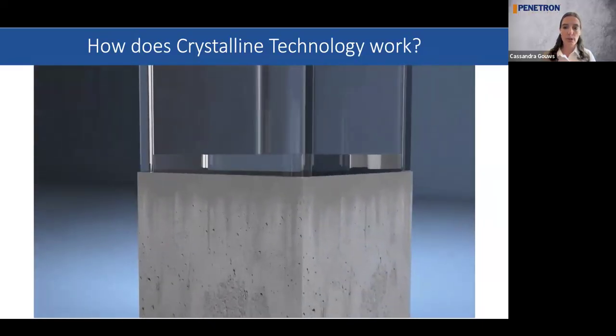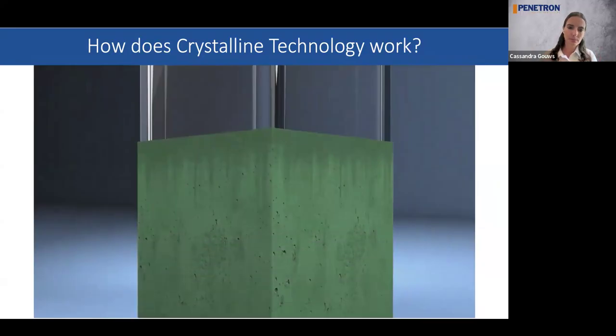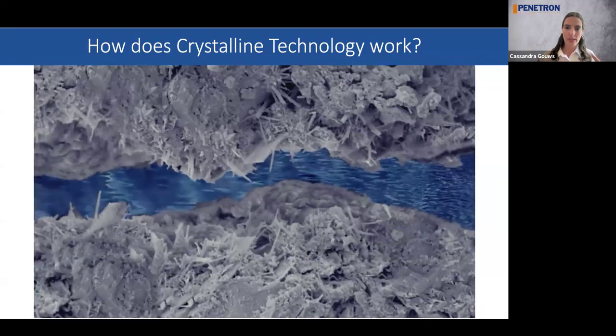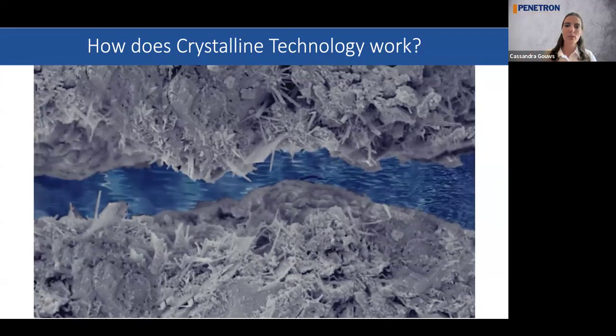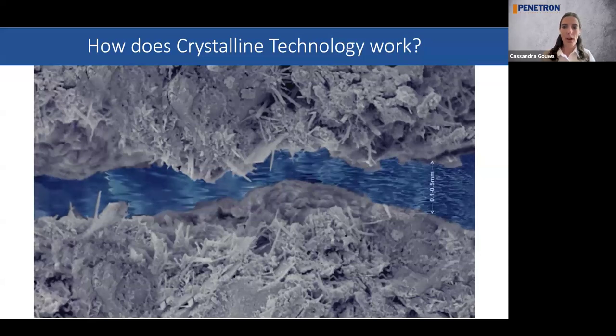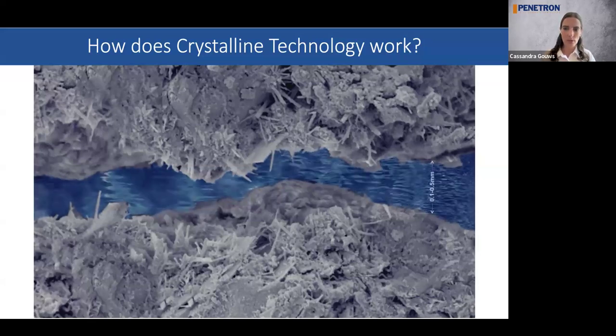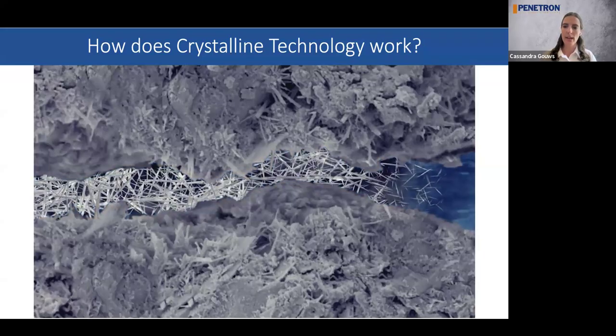When your concrete is treated with crystalline waterproofing technology like the Penetron system, your concrete becomes waterproof, right? As the water runs through these cracks, which are typically 0.1 to 0.5 millimeters in size, those are your typical cracks and voids inside of your concrete, and that water grows these insoluble crystals that you can see on the screen there.